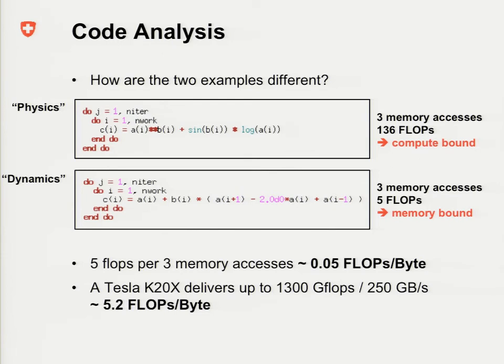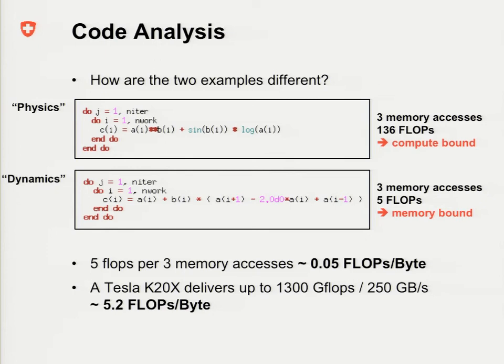And if you look at the current Kepler GPU, it delivers roughly 1,300 gigaflops of compute performance and has a memory bandwidth of roughly 250 gigabytes per second.